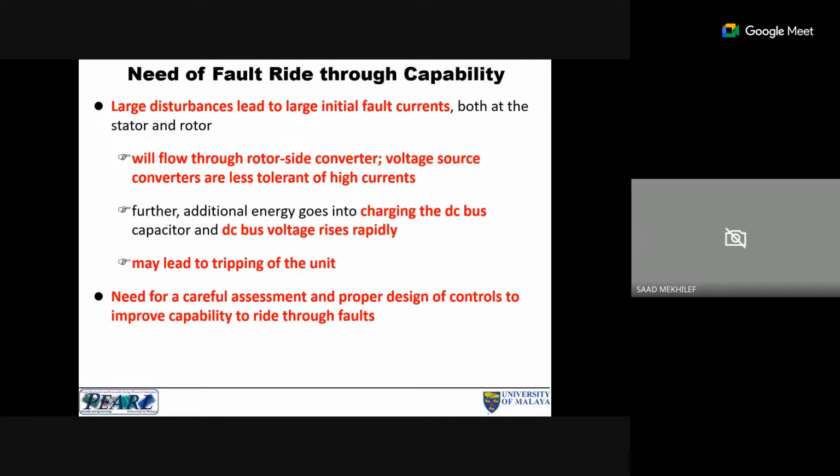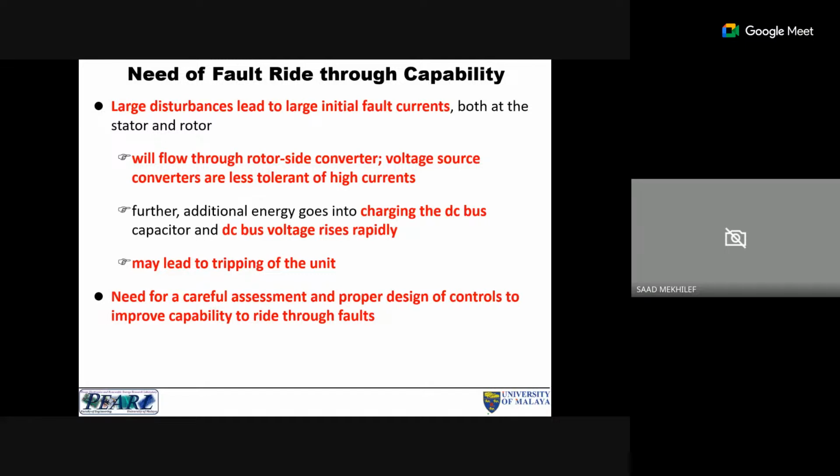Especially on the rotor side, voltage source converters are less tolerant to high currents. These converters are made of semiconductor materials. They are very sensitive and have very tight limits on voltage and current capabilities. So if the fault current flows back into them, it will damage them.